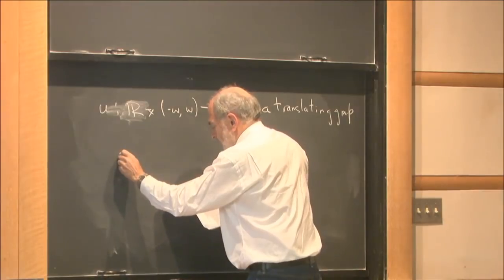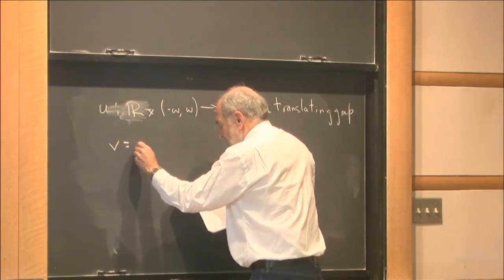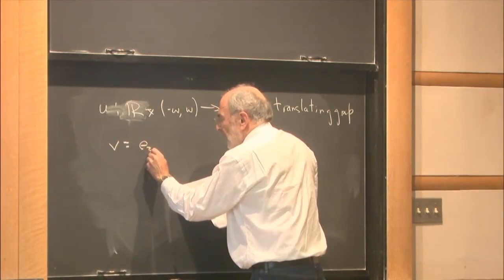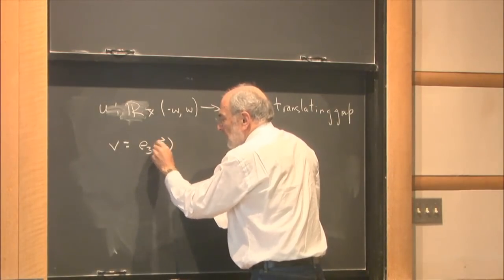Then I'll look at this function v, which is defined to be e3.n inverse, this function that comes up all the time.